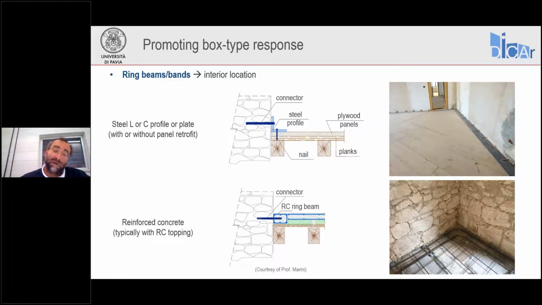And then the diaphragm strengthening system must be properly connected to the existing flooring system, as we will see in a while when talking about retrofit of the diaphragms. Now, here in the photo, I'm showing a reinforced concrete ring beam with longitudinal and transverse reinforcement, but in many cases, we don't have transverse reinforcement.